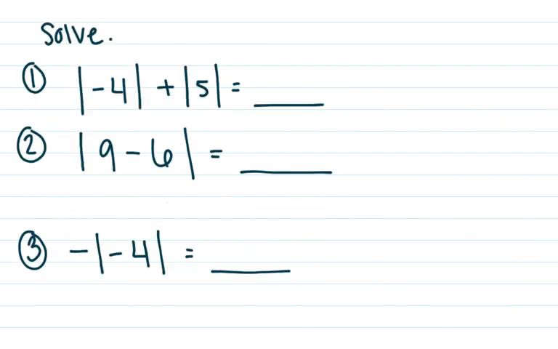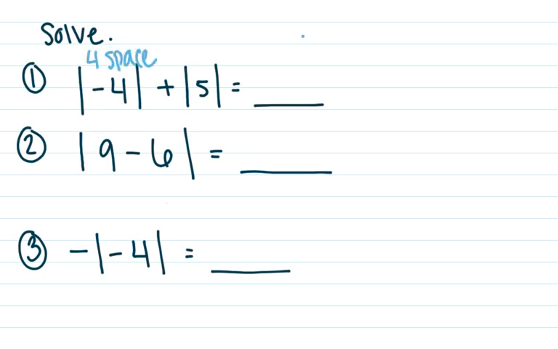Let's take it up a step. We can add and subtract with absolute value. So let's take a look here at number 1. First of all, I have the absolute value of negative 4 plus the absolute value of 5. So we need to solve those absolute values. Well, how far does negative 4 live from 0? It lives 4 spaces.